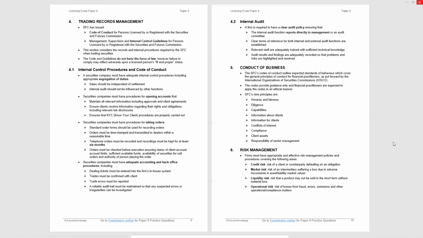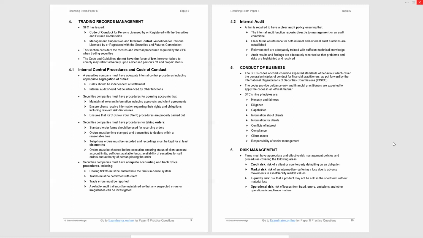Section 6 looks at risk management. Firms must have appropriate effective risk management policies and procedures, and they cover 4 areas. Credit risk, that is the risk of losing money because a client or counterparty defaults. Market risk is the risk of losing money because the market goes against you, depending on the position you've taken.